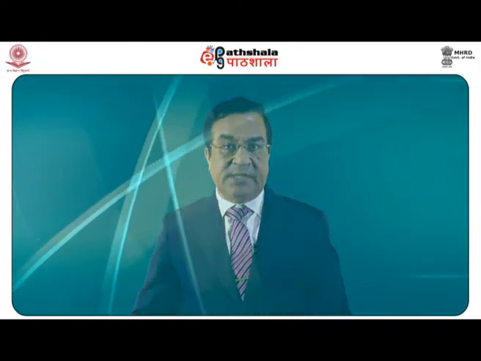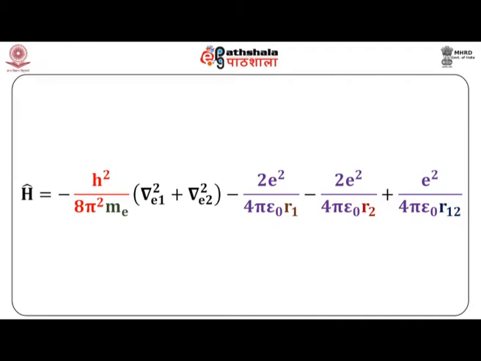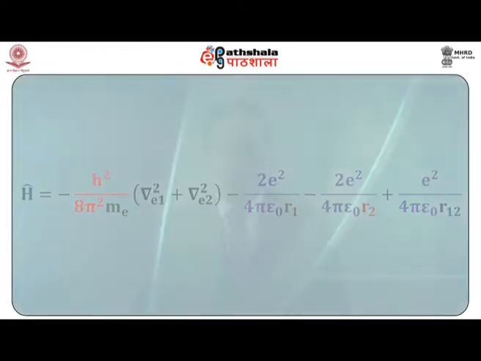At this stage, I would also like to mention that in this equation, the last term, which we have already mentioned as the interelectronic repulsion term, is the term which causes difficulty in solving the Schrodinger equation.